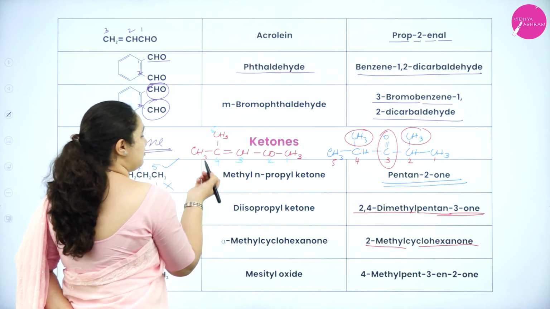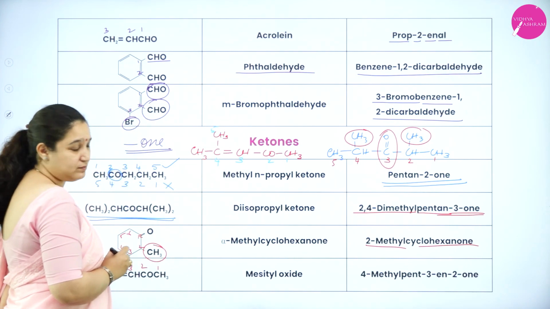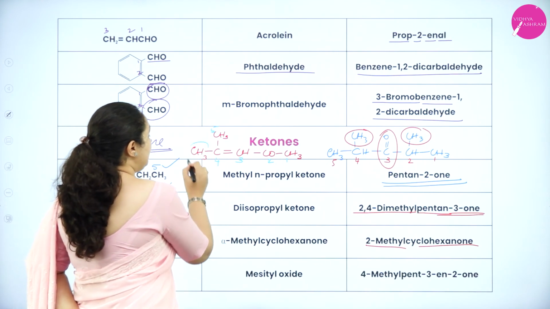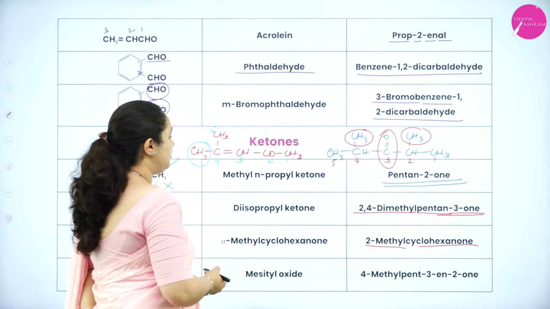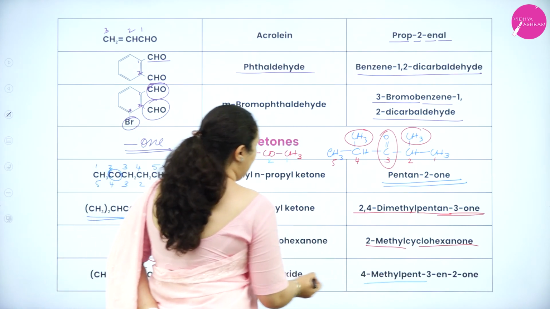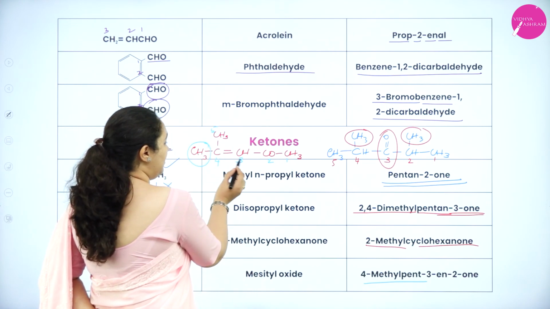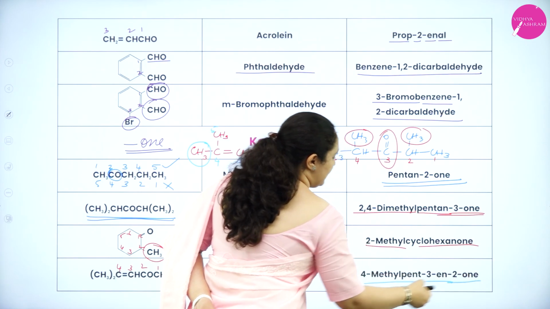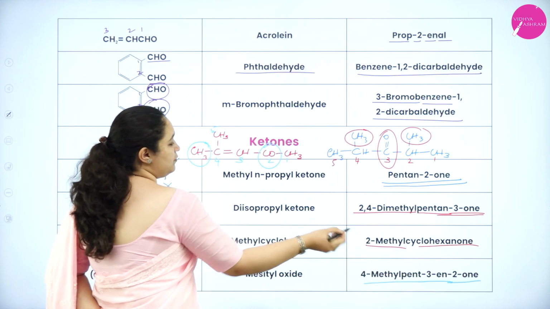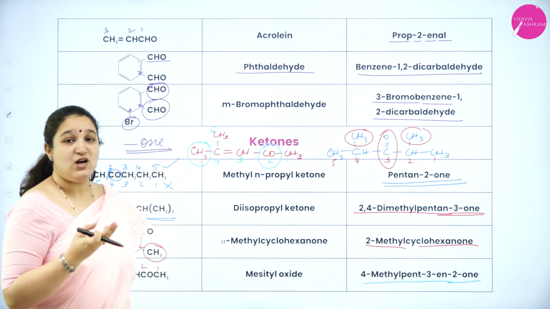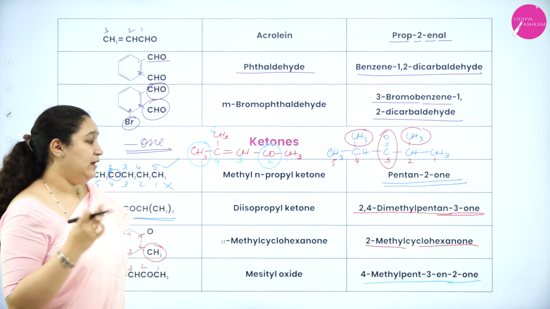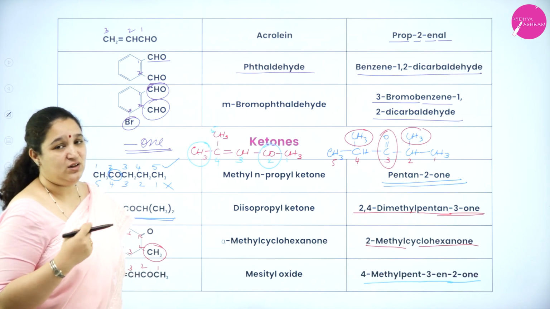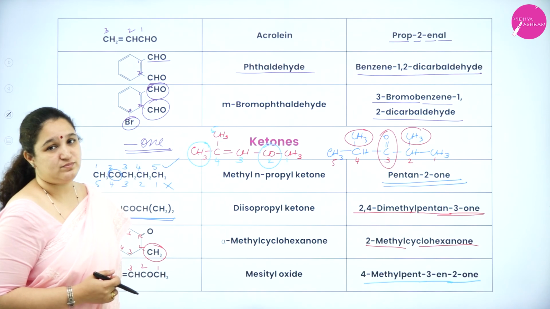This can be 5 or this can be 5, one and the same. Okay. So, the fourth carbon atom has got the methyl group. So, it will be 4-methyl pent, but third and fourth carbon atom has got the double bond, 3-ene. Second carbon atom is the carbonyl group. So, 2-one. So, it is 4-methyl pent 3-ene 2-one.